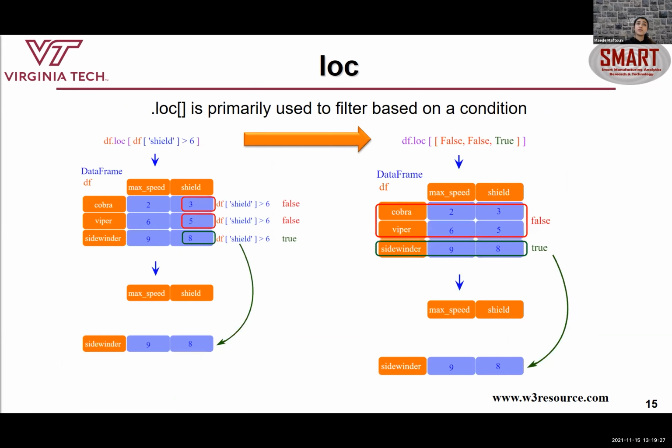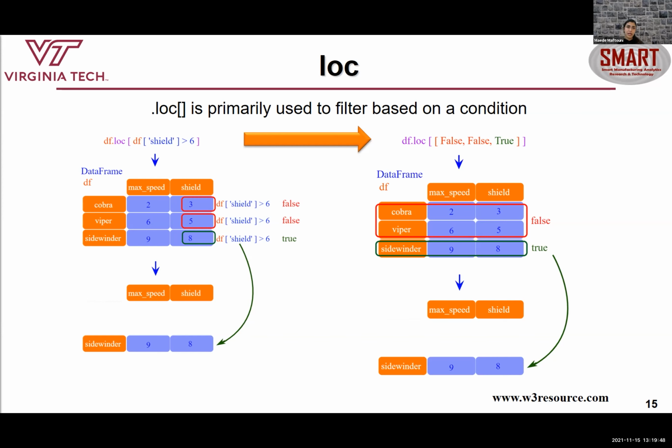So what we do is use conditional loc. We write a condition of what we want inside of the loc method to filter out the rows of the data that we want.